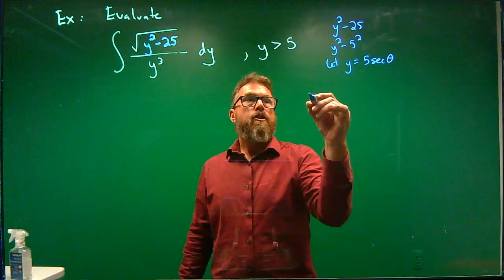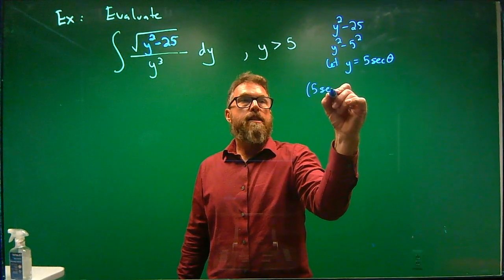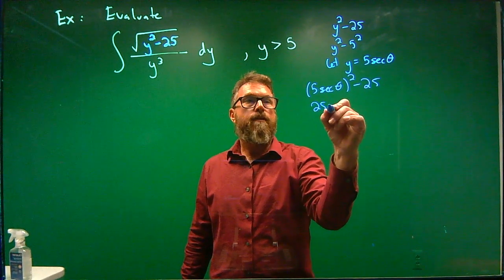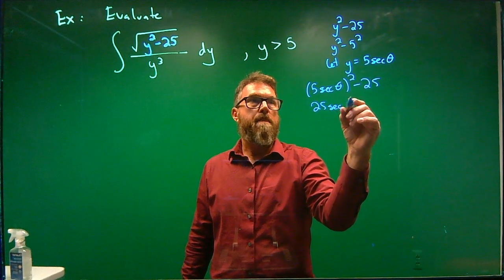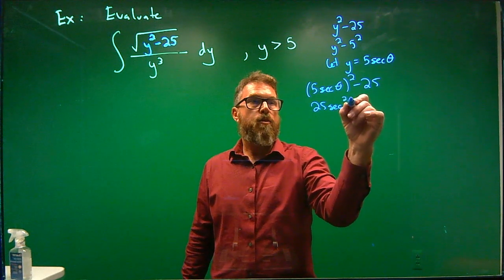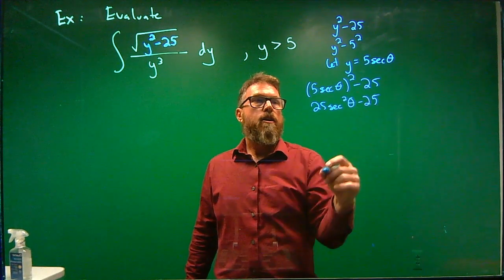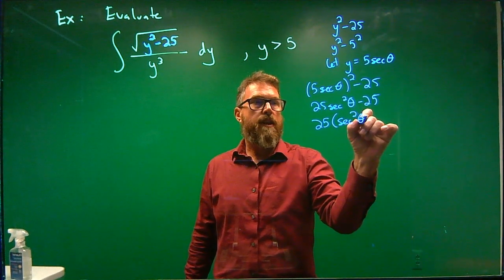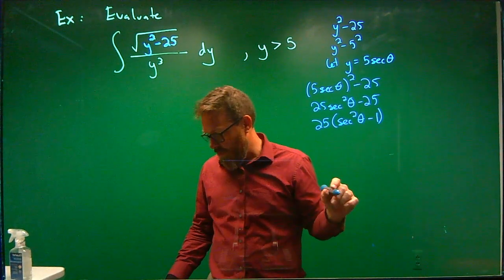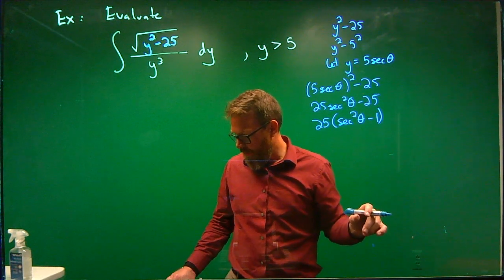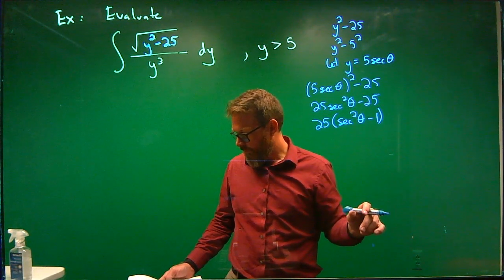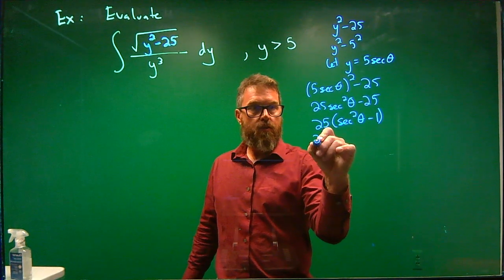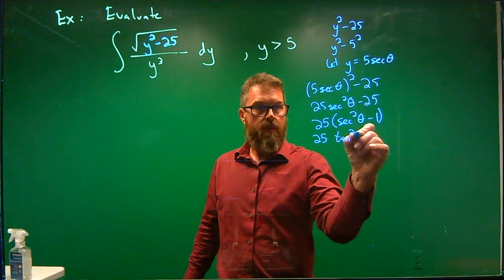We're going to have 5 secant of theta squared minus 25, so this is 25 secant squared of theta minus 25. Then factoring out the 25, this is going to be secant squared of theta minus 1, and we know that gives us tangent squared. So 25 tangent squared of theta.